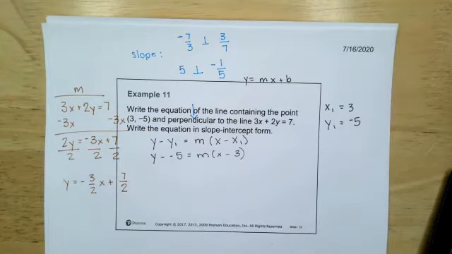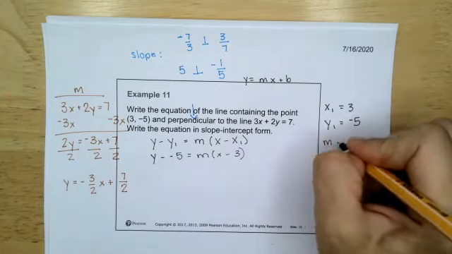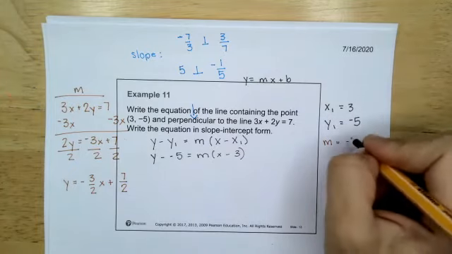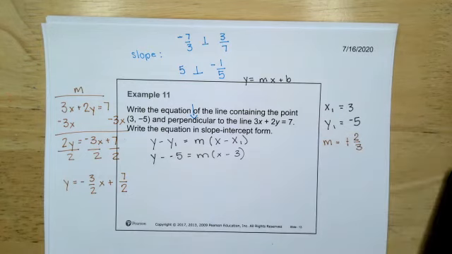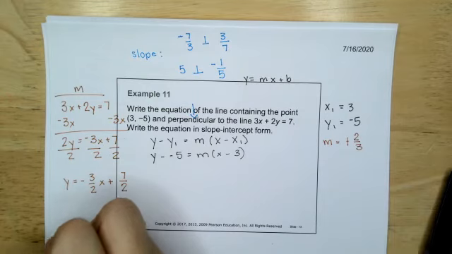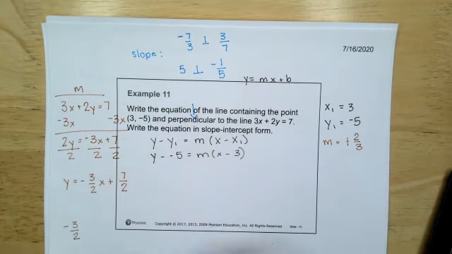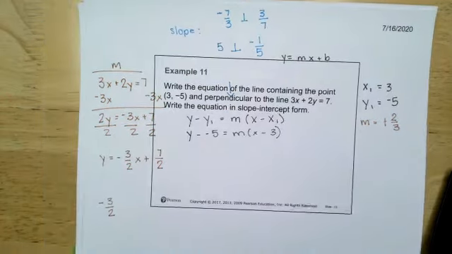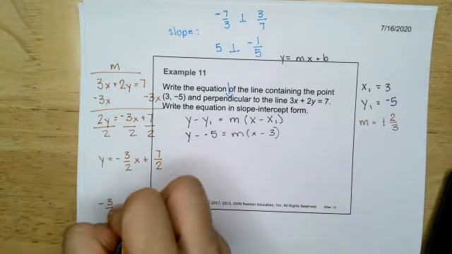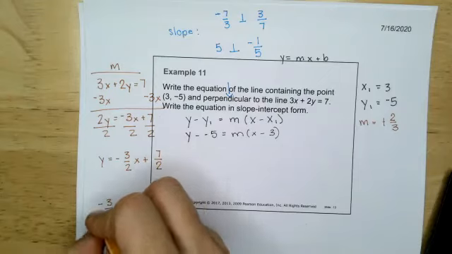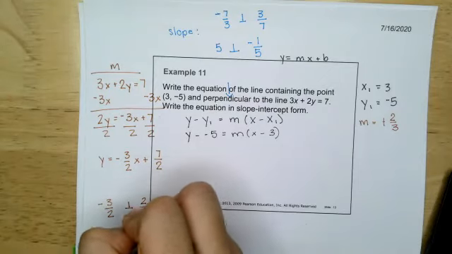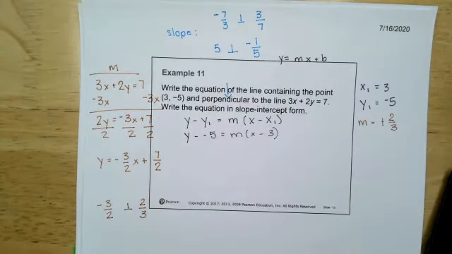So now I know that my m is positive 2/3 because they said perpendicular. If it was parallel, negative 3/2 is parallel to negative 3/2, but negative 3/2 is perpendicular to, we're going to flip it, so 3 is on the bottom, 2 is on the top, and we change from a negative sign to a positive sign.